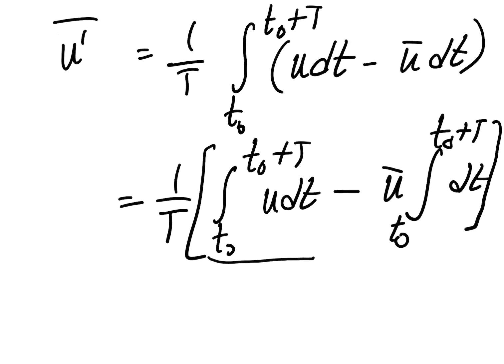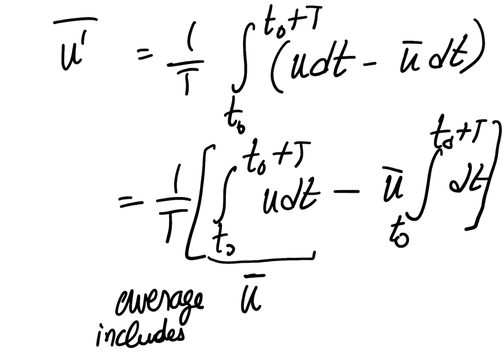Now, this quantity here is the definition of the average velocity. This is the time average velocity, which includes both steady and unsteady parts.